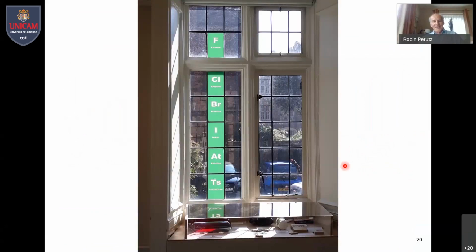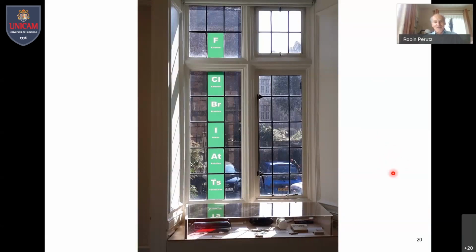So I want to move now to halogen bonding. So I put in this picture that I took at an exhibition last year for the centenary, sorry, the 150 years of the periodic table.